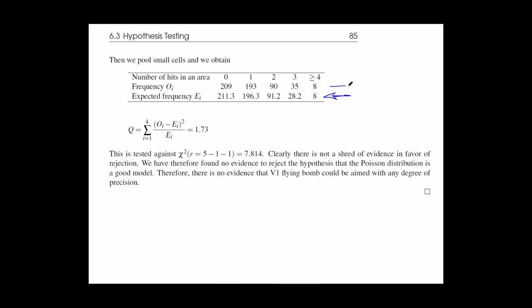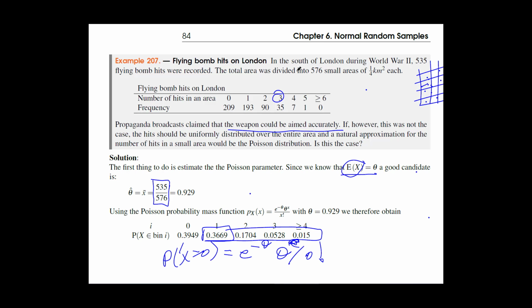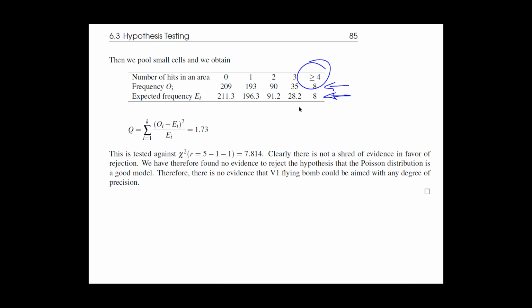Now notice that we pooled some of the 4, 5, and 6 bins, because you don't want a 1 here. The rule of thumb is at least 5 so that you can get accurate results.